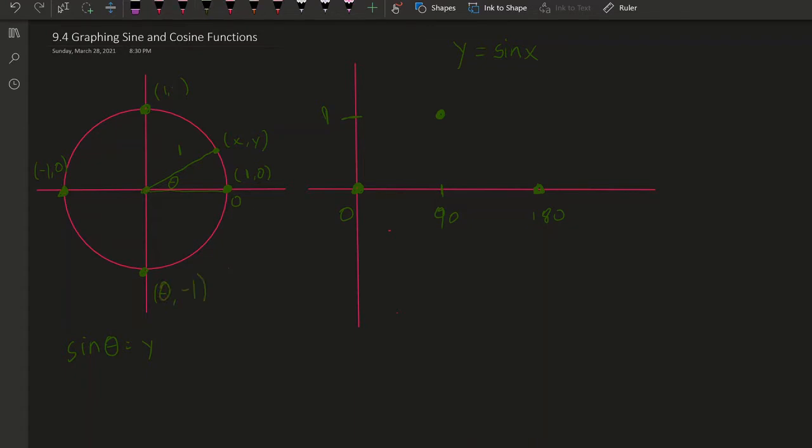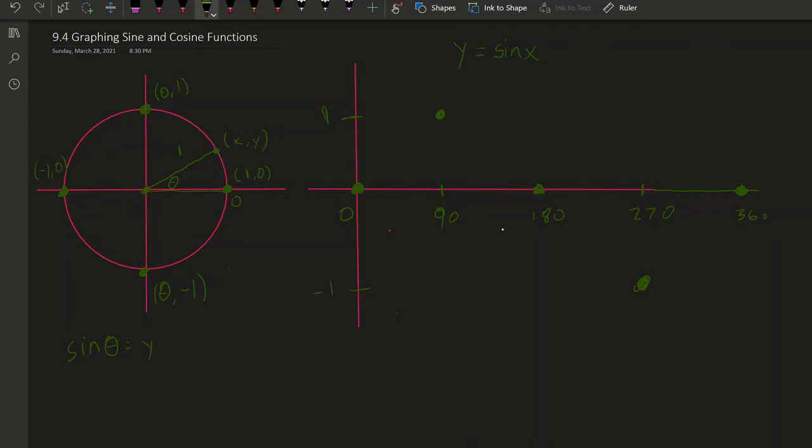Oops, I did this backwards. 0, negative 1. There. So at 270 degrees, I'm at negative 1. So that's right there. And then going around to 360, I'll return to 0 degrees. So right here at 360, I come back.